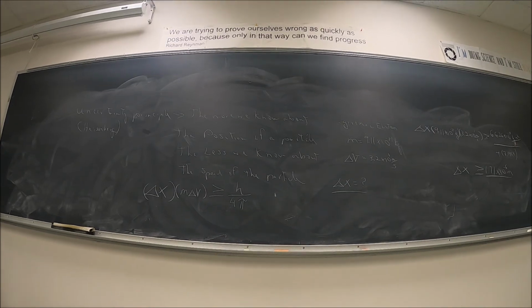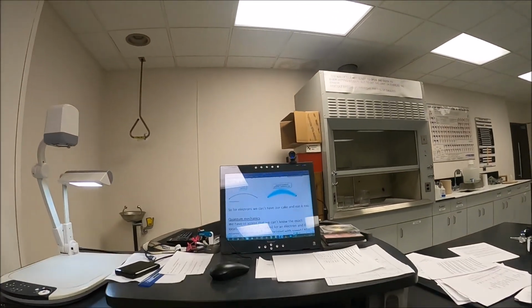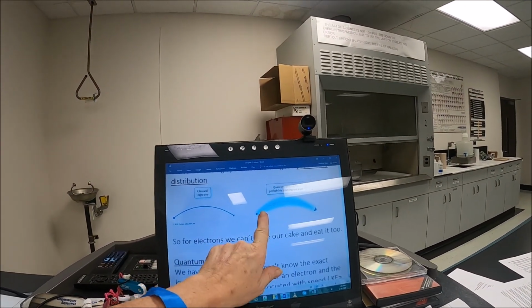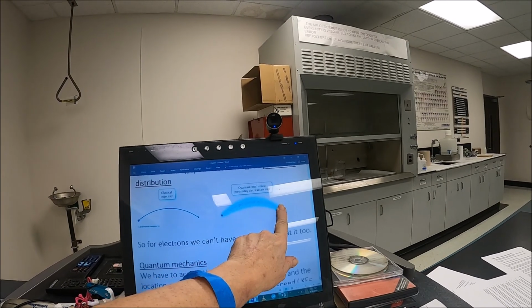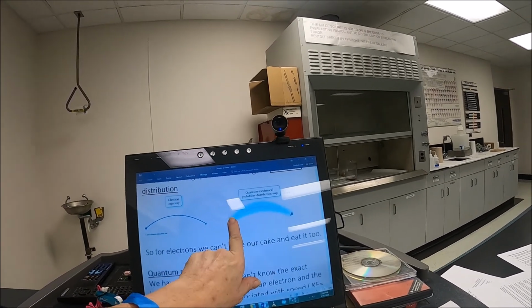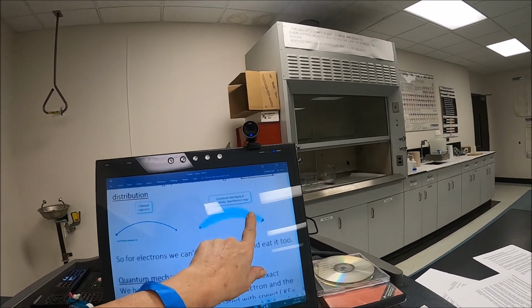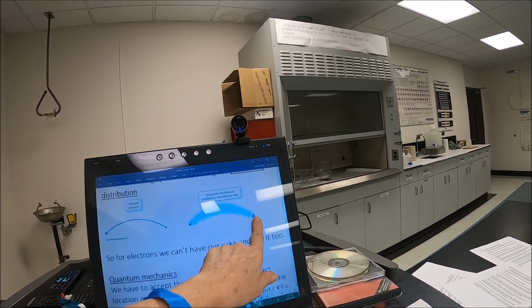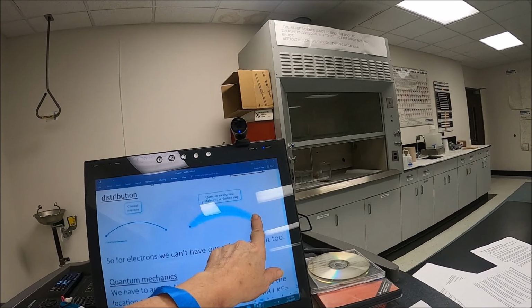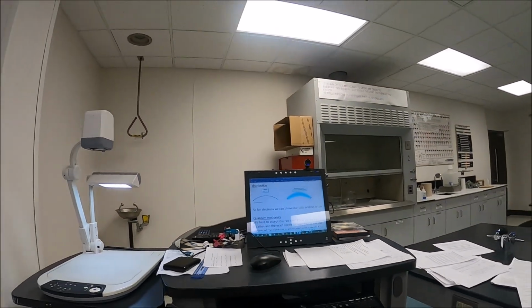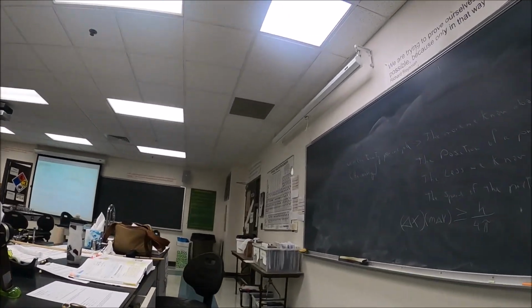Now in your notes, pretty picture. Deterministics, a nice straight line pathway. Quantum mechanics, notice it's all fuzzy. The electron taking off from here as it goes along the way could be any one of those locations, and it doesn't land in one spot. It could land in multiple places at the end.